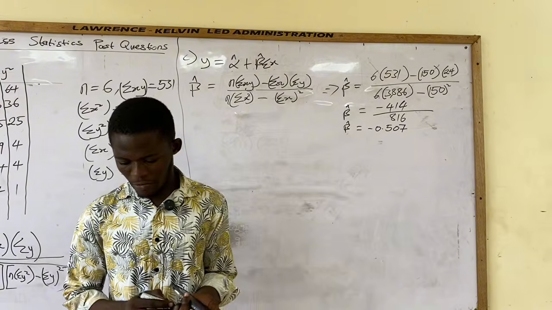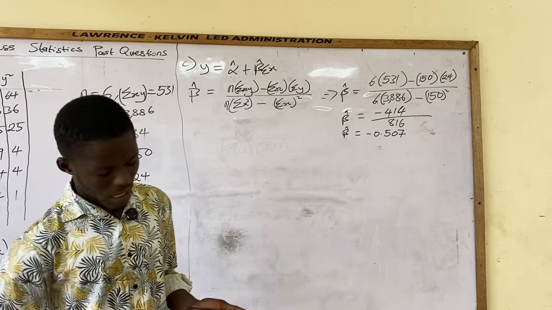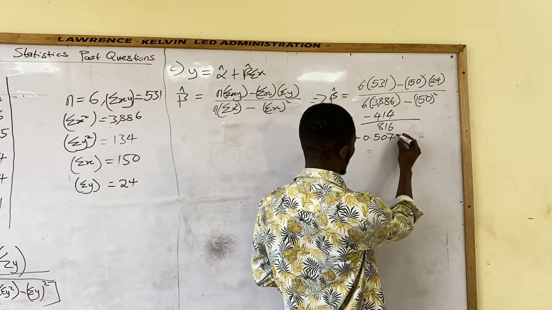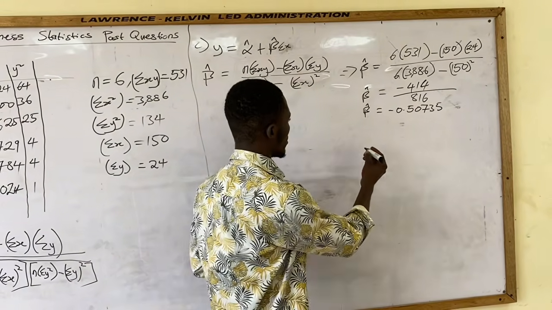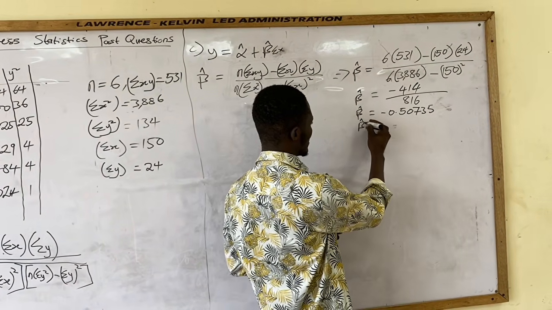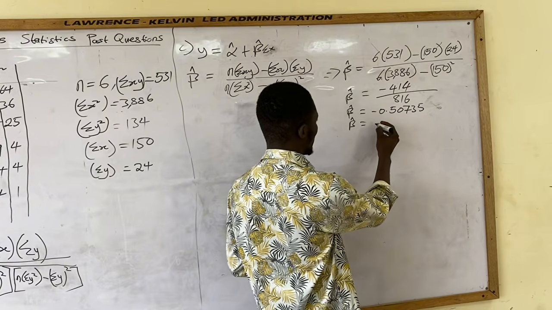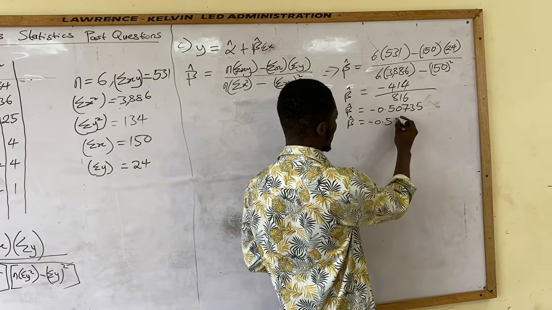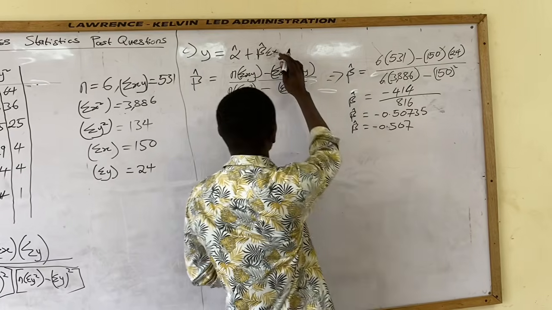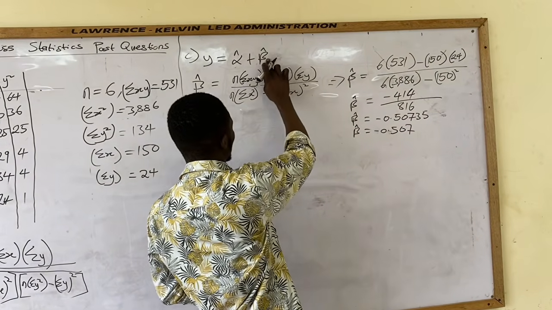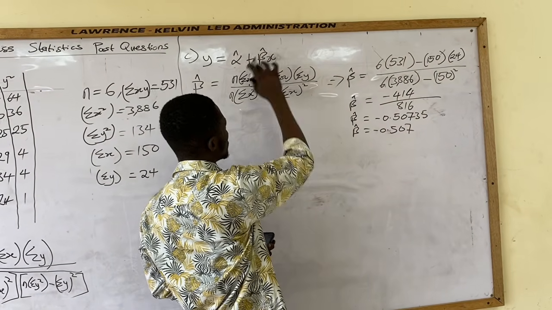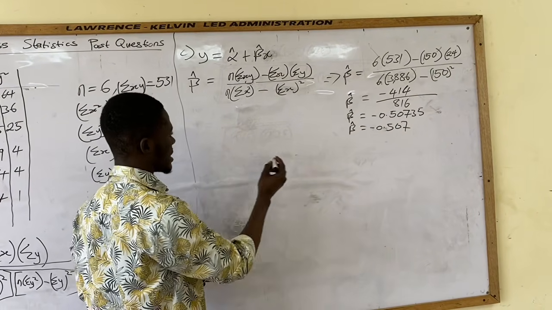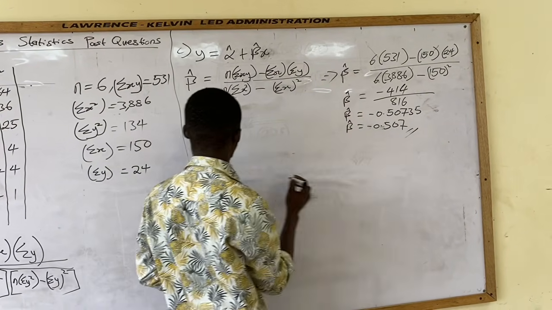Let me make it 5 decimal places, which will give us negative 0.50735. For beta hat, we can make it 3 decimal places, negative 0.507. Sorry, I think I made a mistake earlier. It is beta x, not beta sigma x. Now let's look at our alpha hat too.